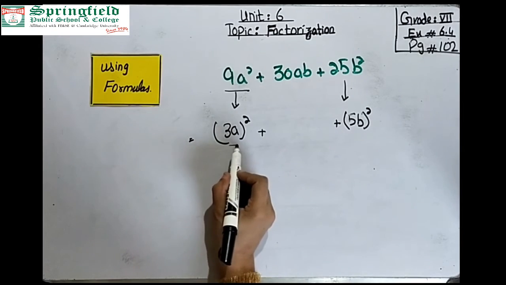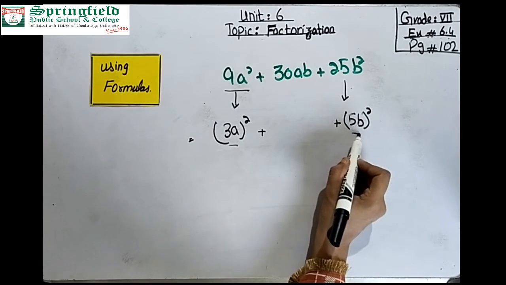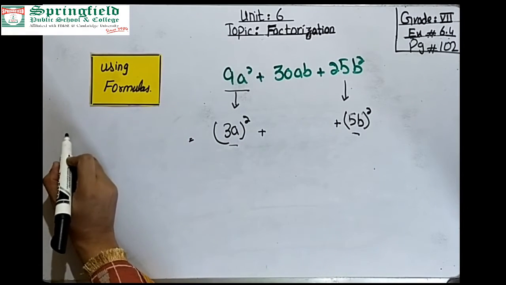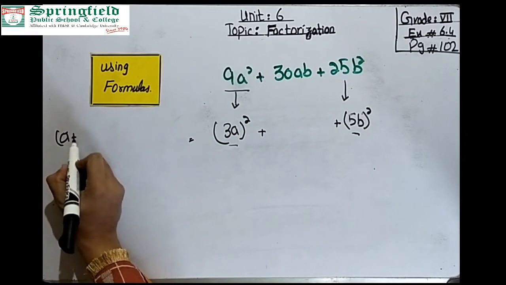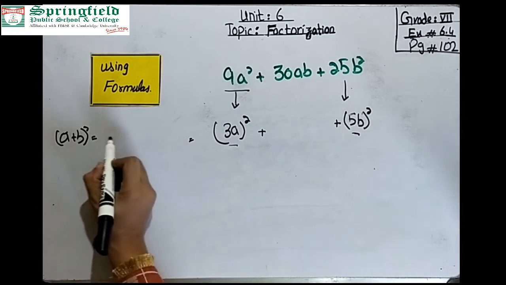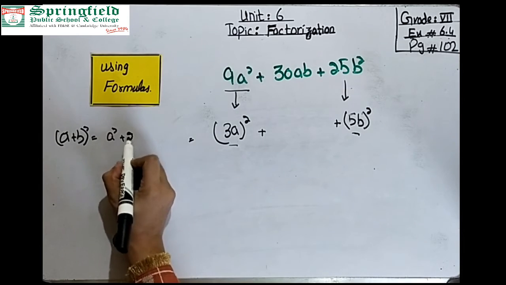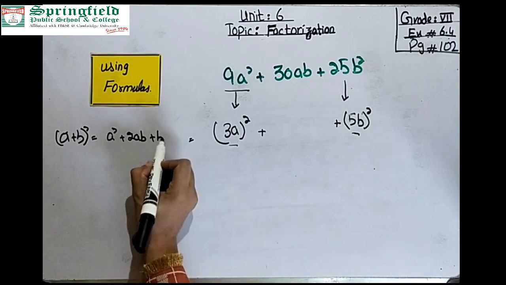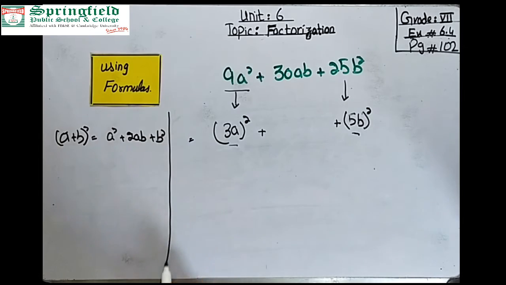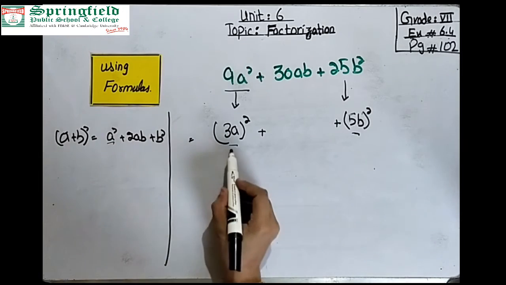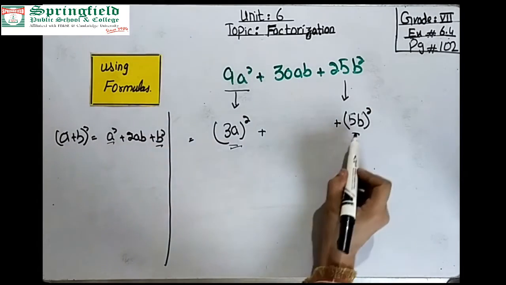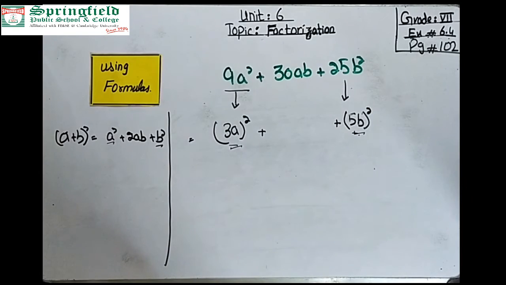So a square plus, at the end, b square. What was the formula? (a plus b) whole square is equal to a square plus 2ab plus b square. So a square is this term, the last term is b square.